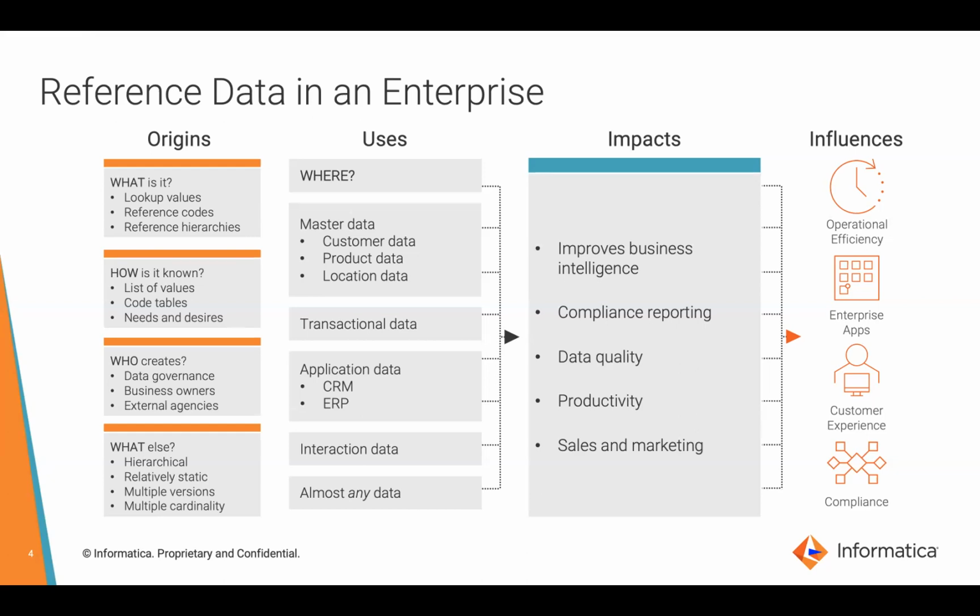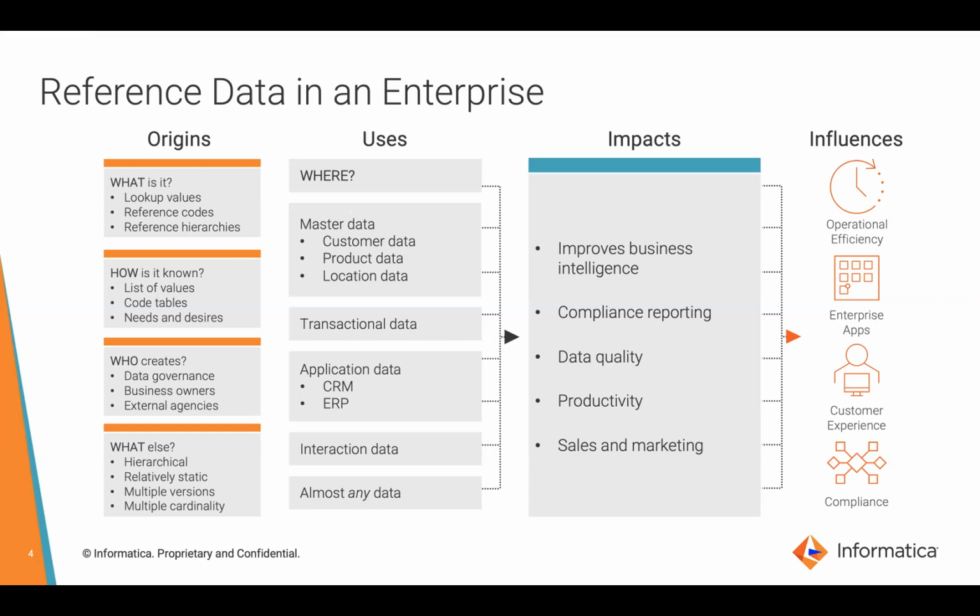Reference data, in your enterprise, is commonly called your lookup values, code list values, drop-down values, or enumeration values. Who creates it? It can be created by data governance, business owners, or external agencies.